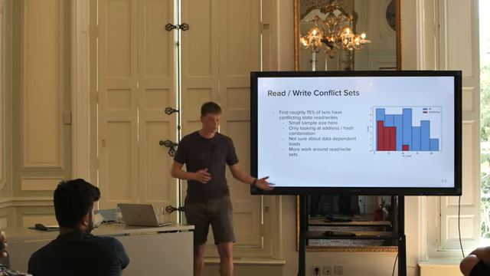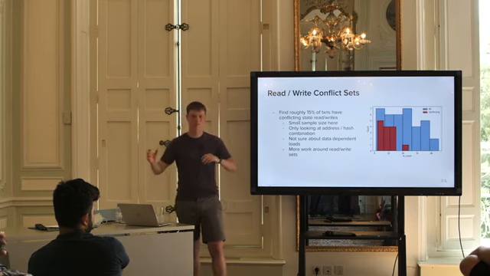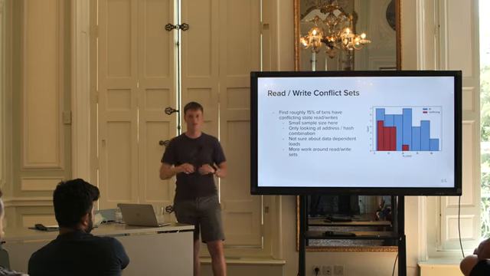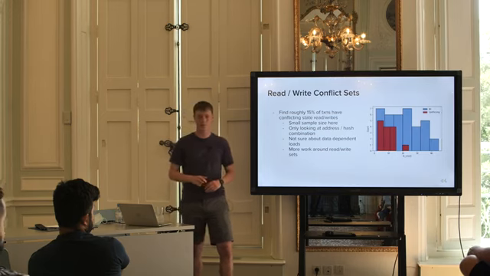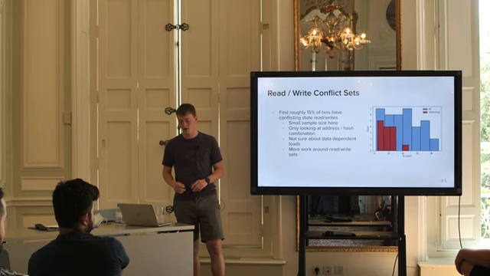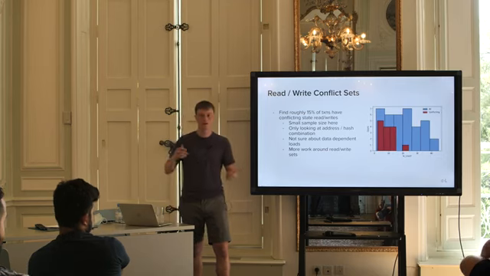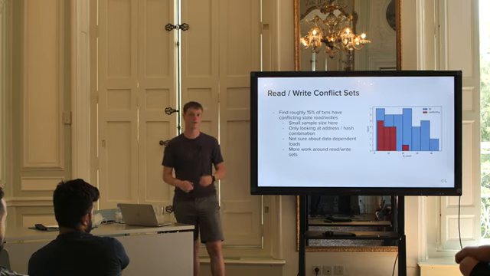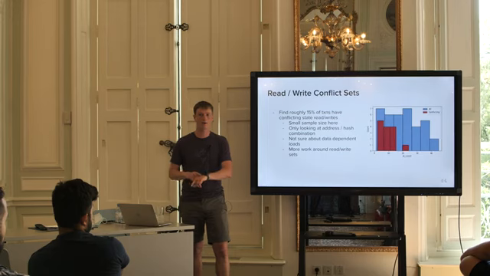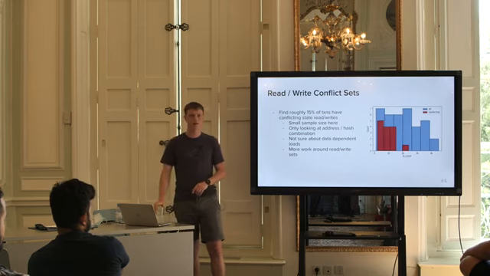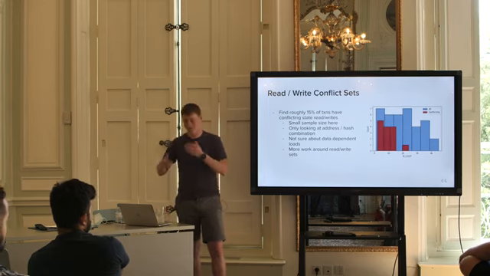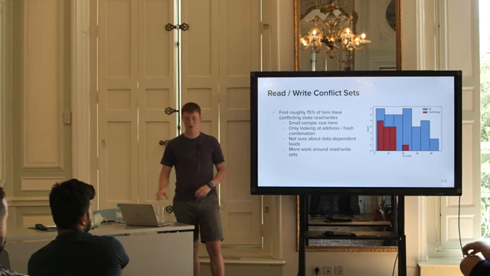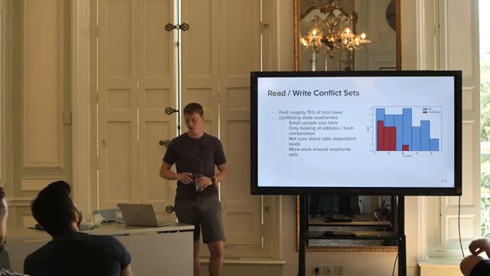I looked at a histogram of the total number of transactions per block and the total number of conflicting transactions per block. What we find is that it's, I don't know, 10 to 20% of transactions in a block will have a conflicting pair of address and hash. So it's not zero, so people are interacting with the same smart contracts, but it's also not hugely high.